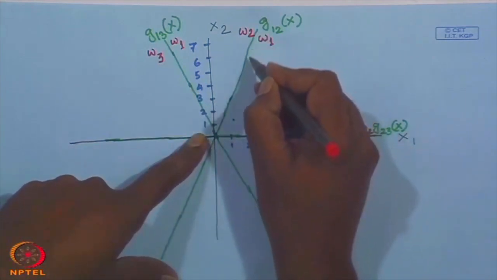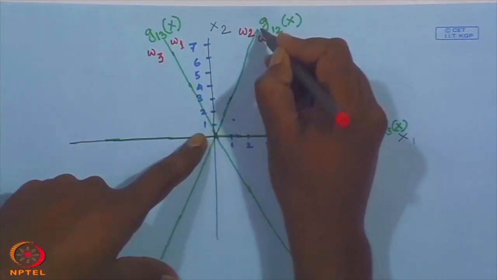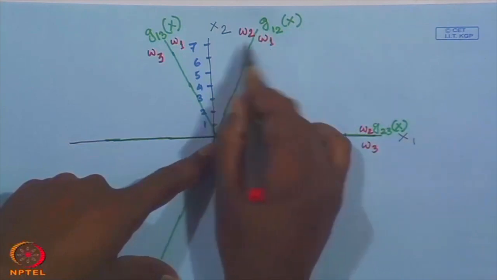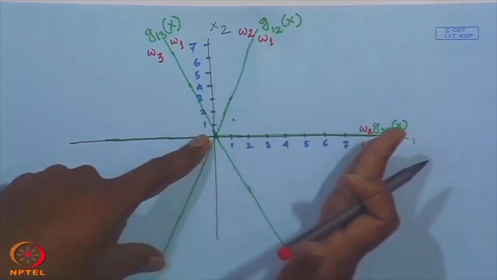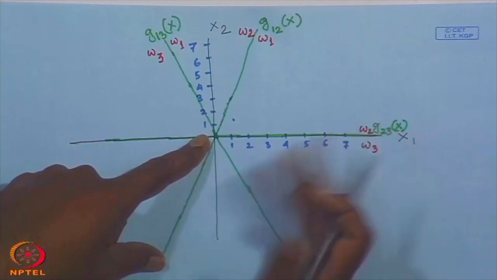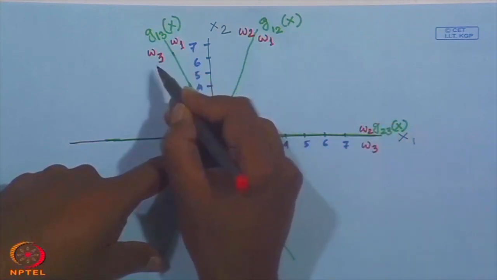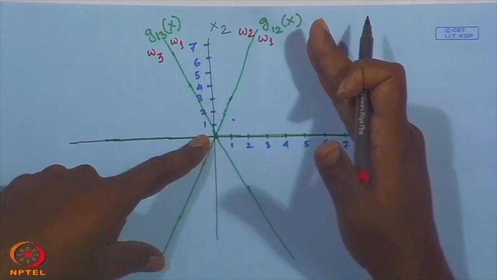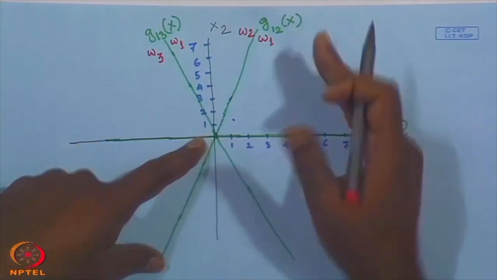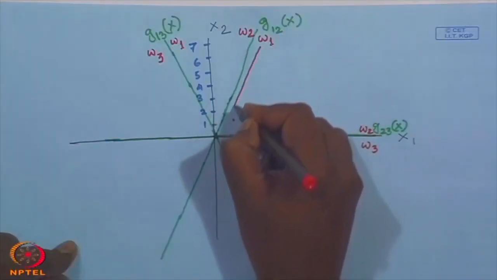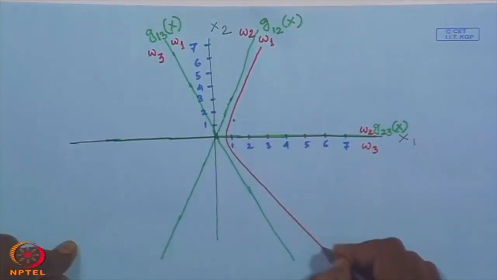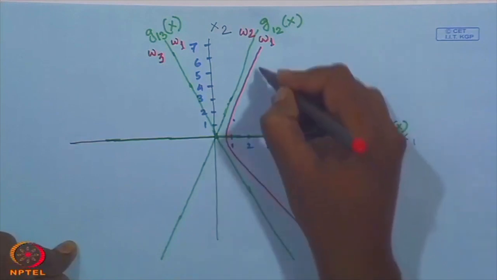So, between class omega 1 and omega 2, this half belongs to class omega 1, and considering omega 1 and omega 3, this half belongs to omega 1. So, finally, the region which will be allocated to class omega 1 is the intersection of these two regions, which is nothing but this region, which is allocated to class omega 1.